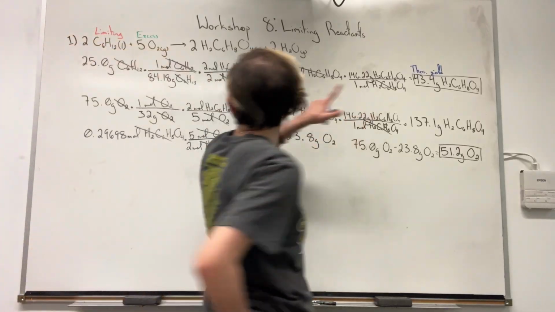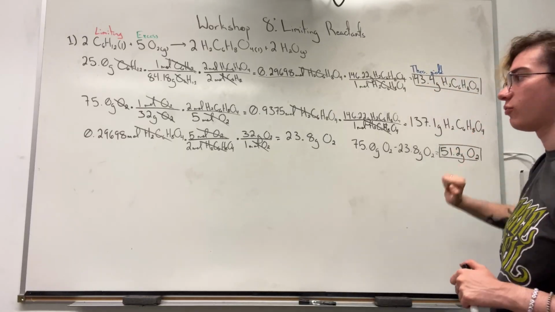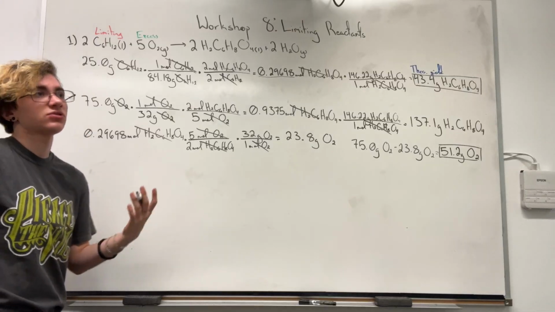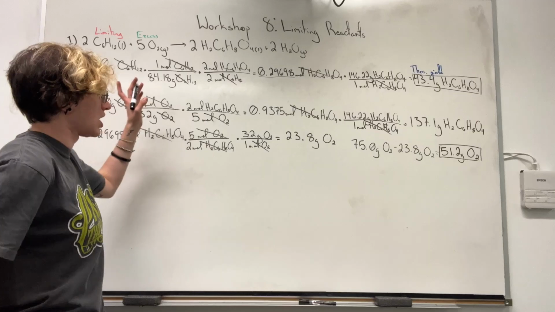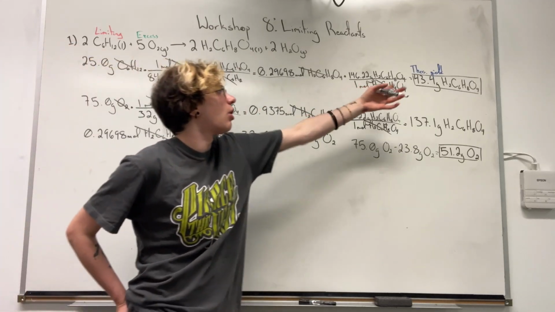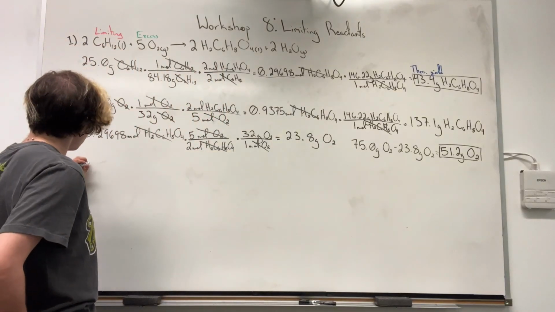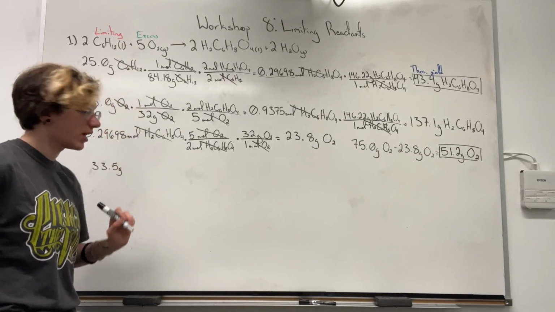We know that theoretically, if all 25 grams of cyclohexane reacted, we would make 43.4 grams of adipic acid. But they are telling us we only obtained 33.5 grams by the end of the reaction. The reaction did not proceed to completion, and so we did not get all 43.4 grams of adipic acid. And so the actual yield given to us in the problem is 33.5 grams.